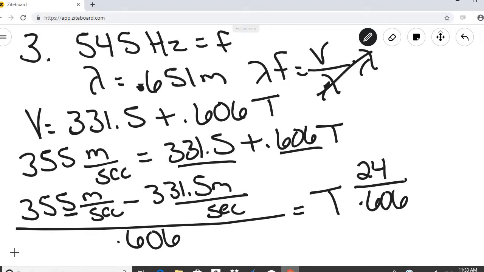So 24 divided by 0.606 will give us, we can have 2 significant figures. So the temperature should be equal to, it's 39.6, but I think we're going to end up with 40 degrees.